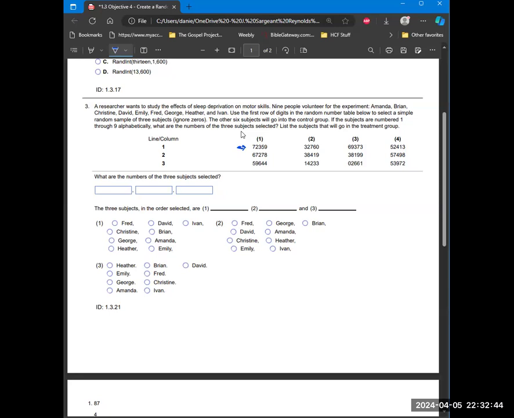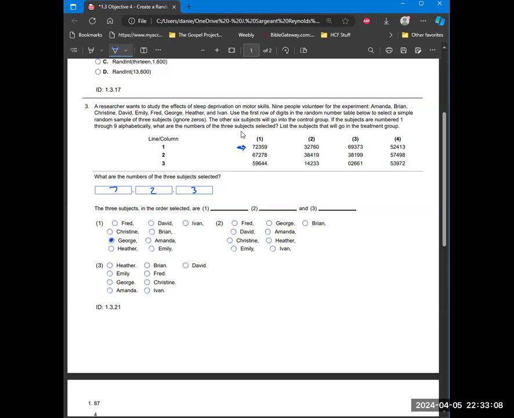So we're going to get 7, and then 2, and then 3, since the first 3 numbers are 7, 2, 3. So then we would look for who is number 7, and that would be George.